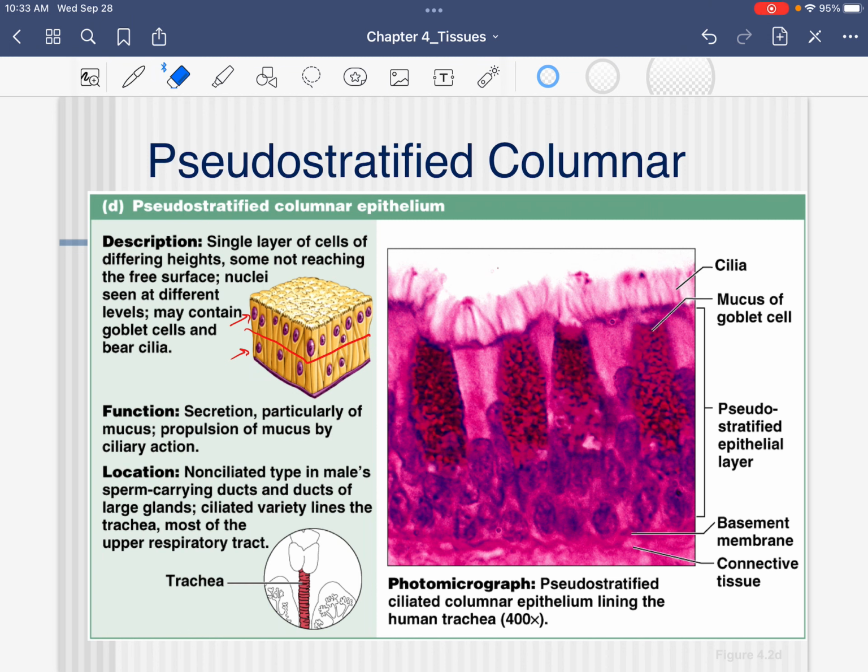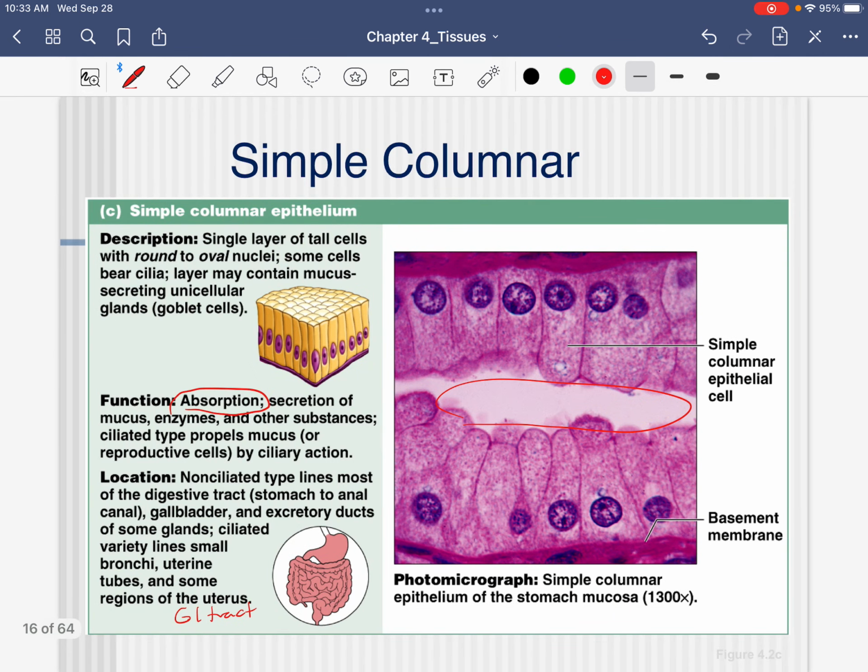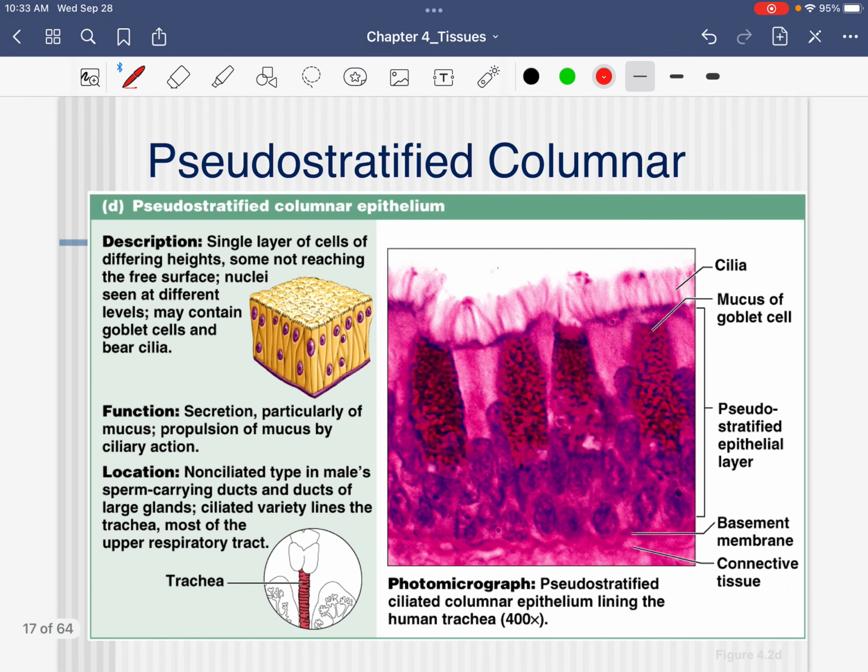It is really one layer of column-shaped cells. If I go back, in the simple columnar, the nuclei tend to be in a line. But in the pseudostratified columnar, some nuclei are high, some are low.